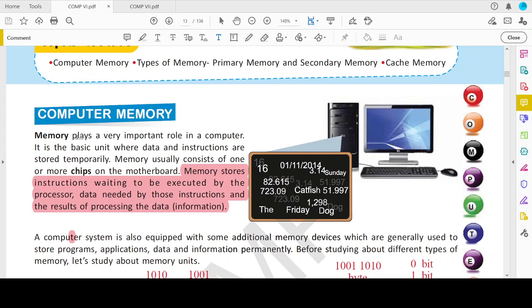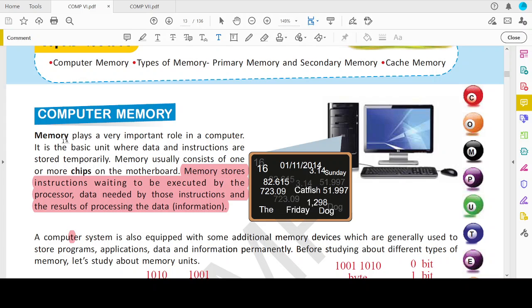Computer memory plays a very important role in a computer. And what is the important role? I have told you just now. It gives you the storage area for your data and instructions. It is the basic unit where data and instructions are stored temporarily.